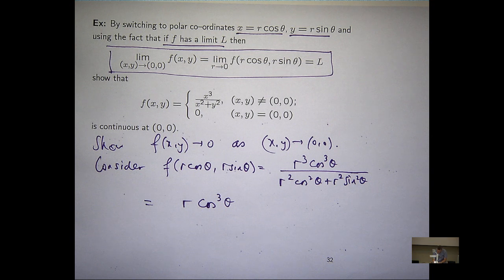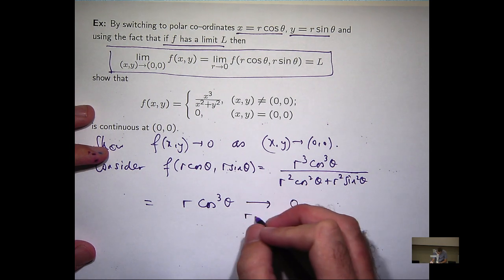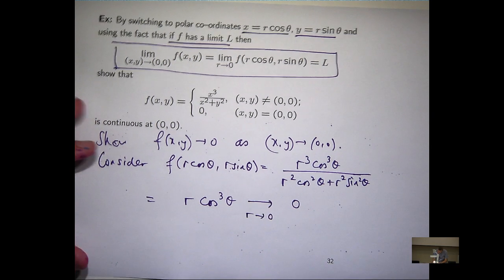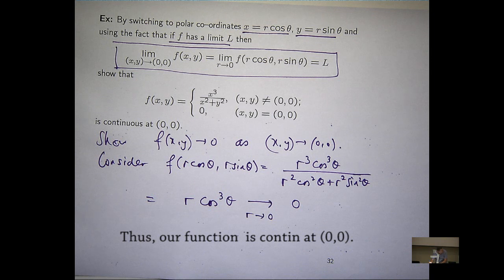Well, cos is just between -1 and 1. So if we send r to 0, the cos cubed theta isn't going to come into play at all because it just goes between -1 and 1, so it doesn't go off to infinity or something.